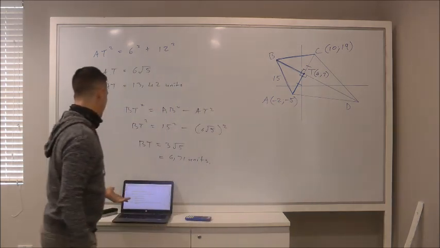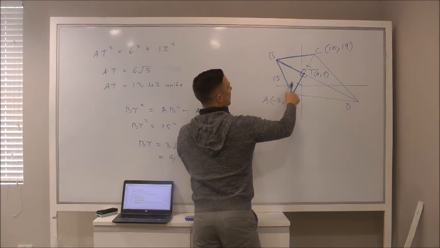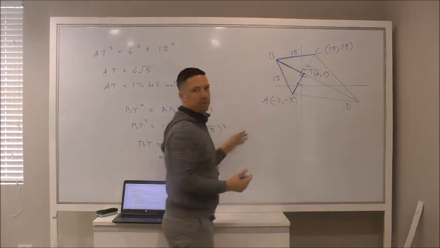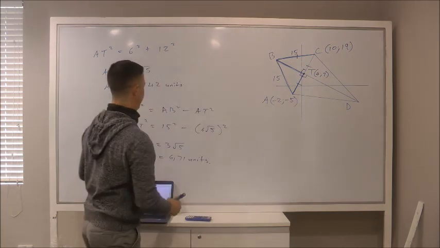Now, it says write down the length of the radius. Now, we know that that is 15, which makes this also 15 units because it's a kite, which would make the radius then 7,5.